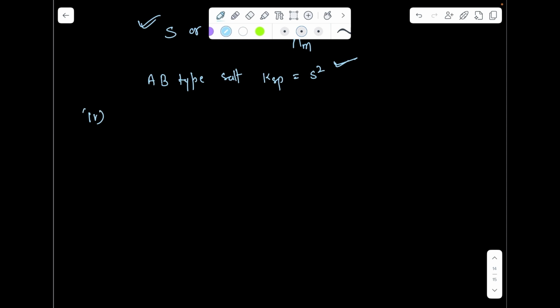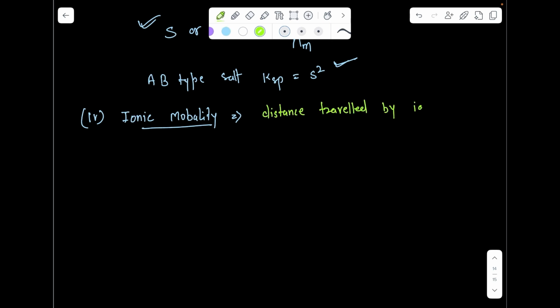The fourth application is ionic mobility. Ionic mobility means the distance traveled by an ion per second under a potential gradient of 1 volt per centimeter. The potential gradient is equal to volt per unit length.